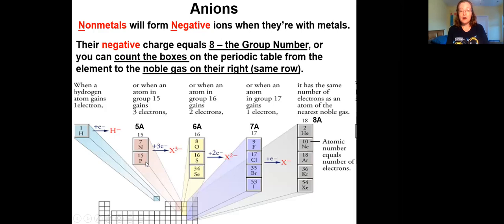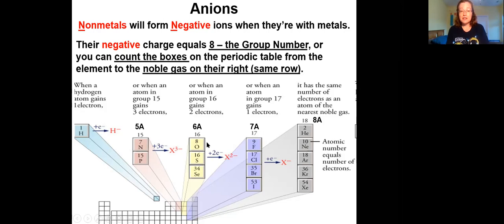Those guys are 1, 2, 3 columns away from their nearest noble gas. So they will gain 3 electrons. Another way to see that is 8 minus the group number 5 equals 3. So these guys in group 5A will form a -3 charge.